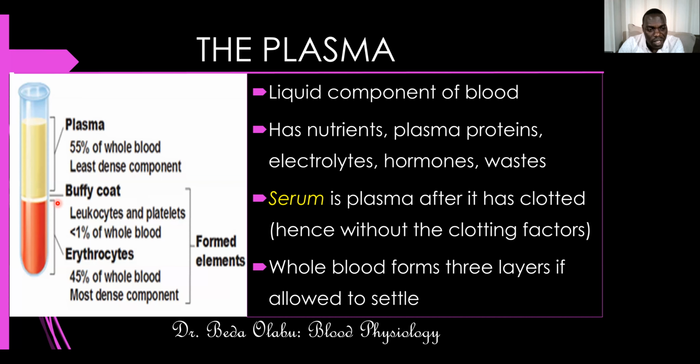Then we remain with a very thin strip, which is less than 1%, which we call the Buffy coat. The Buffy coat represents the region occupied by white blood cells as well as the platelets. Very thin layer. Either way, the white blood cells, the platelets, and the red blood cells constitute the formed elements of blood, and the plasma, all these now constitute blood.